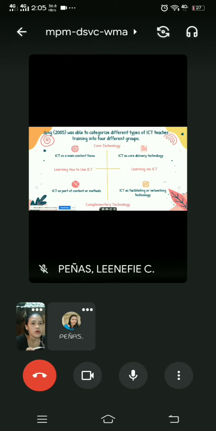talents. June, 2005 was able to categorize different types of ICT teacher training into four different groups. As you can see, we do have core technology and complementary technology. In learning how to use ICT, we have ICT as part of content or method, and learning via ICT, we have ICT as facilitating or networking technology.